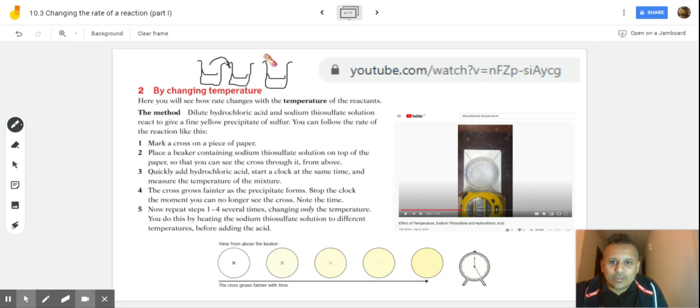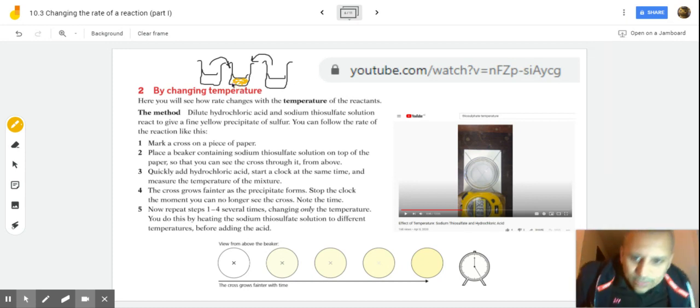After a certain amount of time, it starts to cloud over. It's not instantaneous, but you can actually get it within 10 seconds, depending on what conditions you choose.